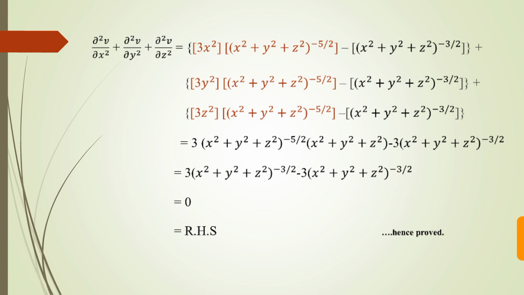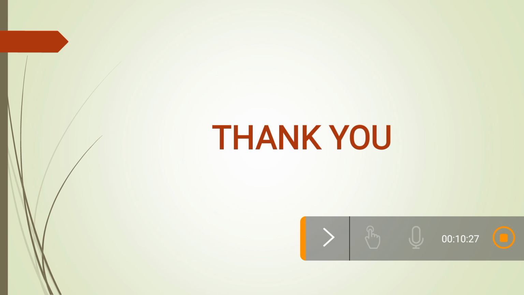And we'll get here -3/2, minus 3(x² + y² + z²)^(-3/2) as it is. And this term is plus and this term is minus, that will become 0, which is equal to the right hand side. Hence, proved. Thank you.